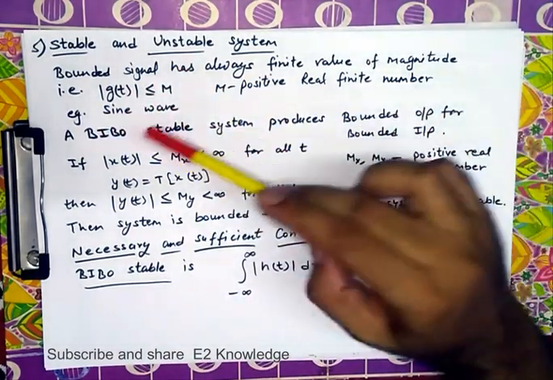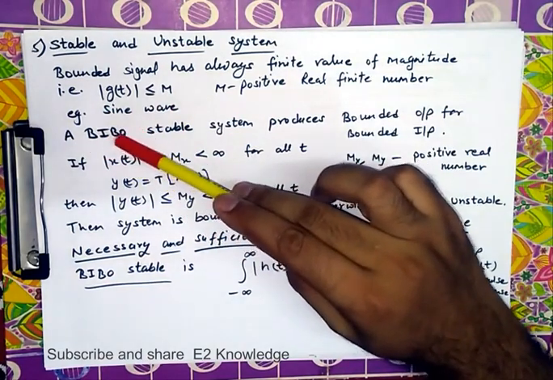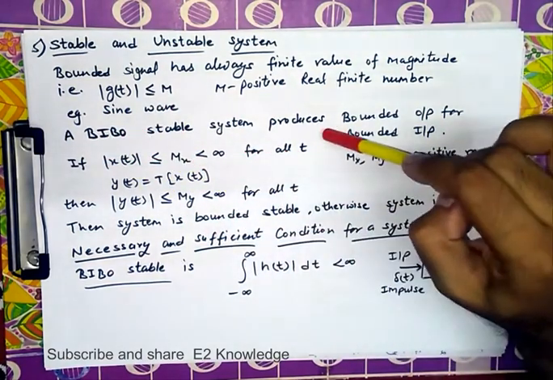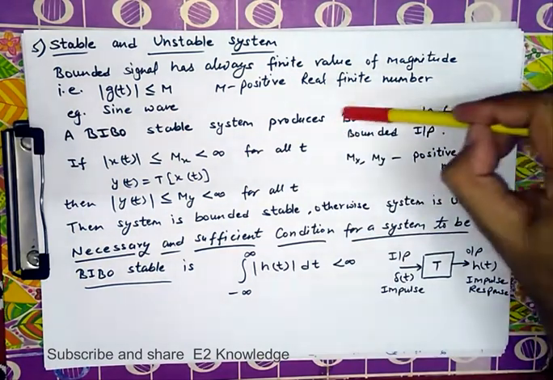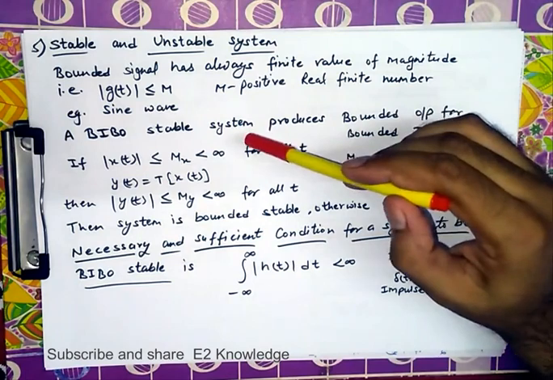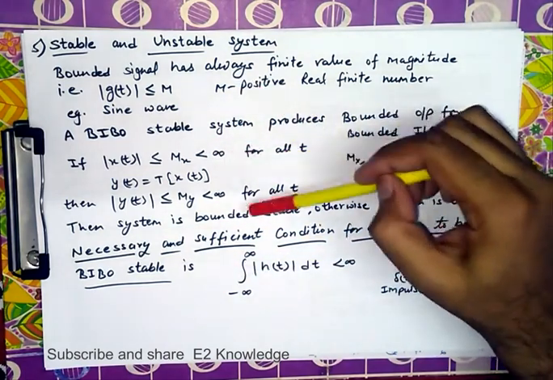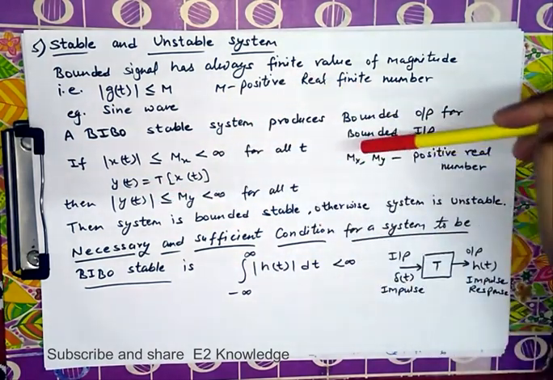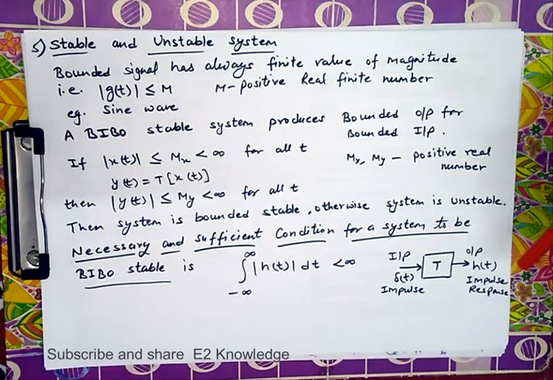So stability means bounded input, bounded output. A stable system produces a bounded output for a bounded input. When a bounded input is applied to a system, it results in a bounded output, which is also bounded by some number.